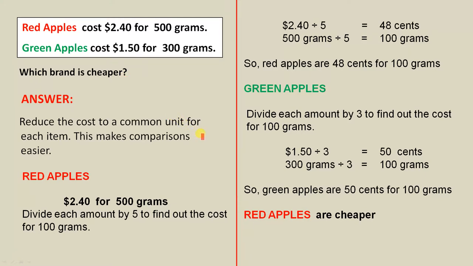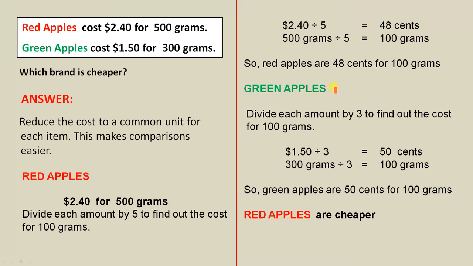The answer. Reduce the cost to a common unit for each item. This makes comparisons easier. So for the red apples we had $2.40 for 500 grams. Divide each amount by 5 to find out the cost for 100 grams. So $2.40 divided by 5 gives us 48 cents. 500 grams divided by 5 gives us 100 grams. So the red apples are 48 cents for 100 grams.